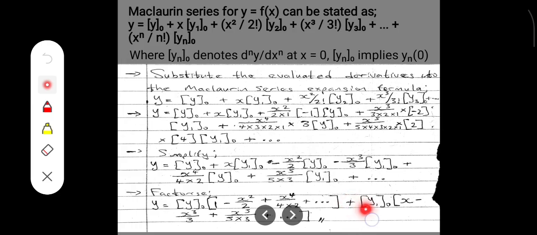Plus our second initial condition is y1 of 0, so when we factorize this out, we are left with s as a factor here. Then we also have s to the power 3 over 3, minus s to the power 3 over 3, plus the last one here, s to the power 5 over 5 times 3. Then it also keeps adding up, and that is our final answer for example 1.